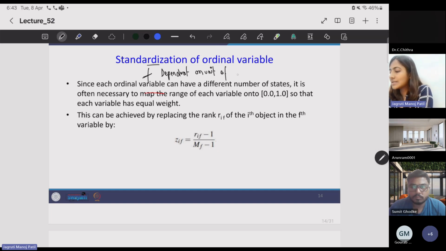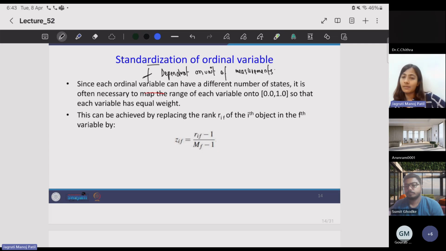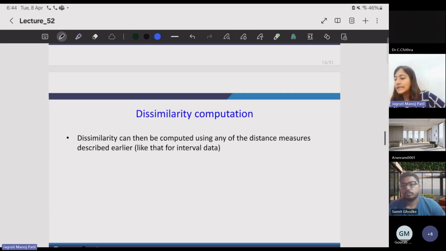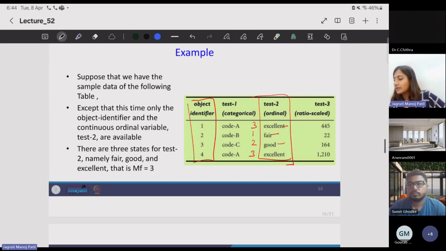Your unit of measurements can be different, but if you're trying to compare between the same data sets or same variables and standardize it, what standardize actually means is that you're trying to make it unitless. So at that point, it's not at all dependent on the units of your measurements. It's only dependent on the absolute values. Okay, so same way here they have ordered the data set.